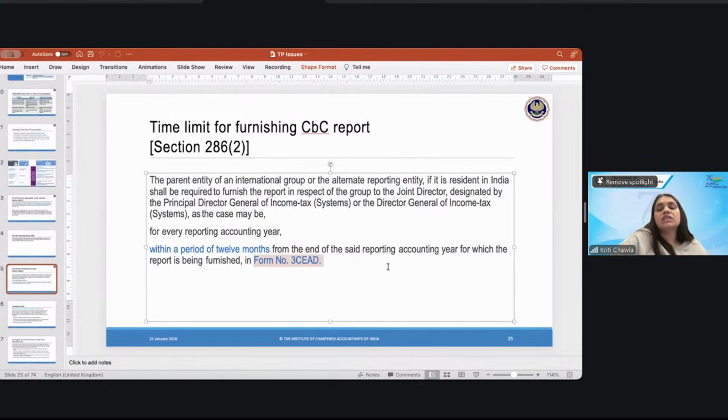It's form number 3CEAD. And this is to be furnished to the joint director designated by the principal director for every reporting accounting year. But from an Indian perspective, it is only when the threshold exceeds 6,400 crore rupees that CbCR will have to be filed in India.